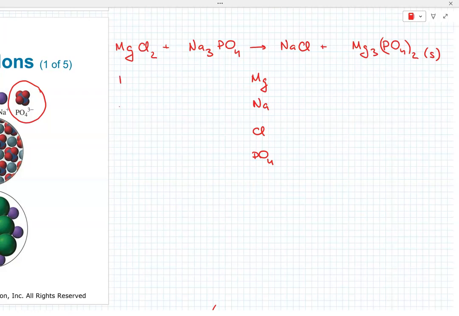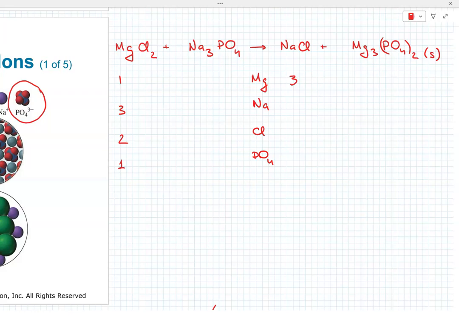Sodiums, chloride, and phosphates. Magnesium's on the right. 2? No. Oh. Okay. No, that's fine. Everybody sees that there are 3 of them?